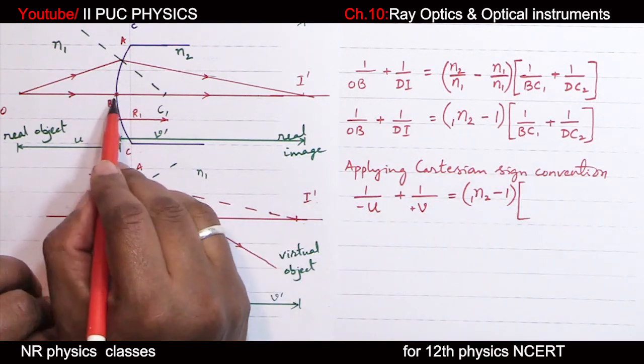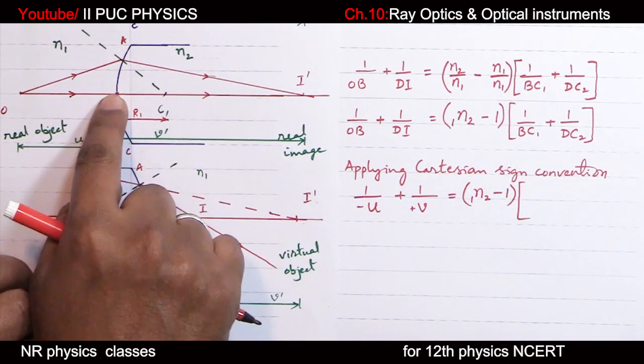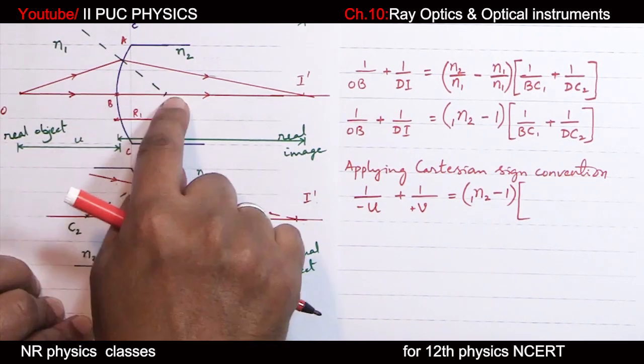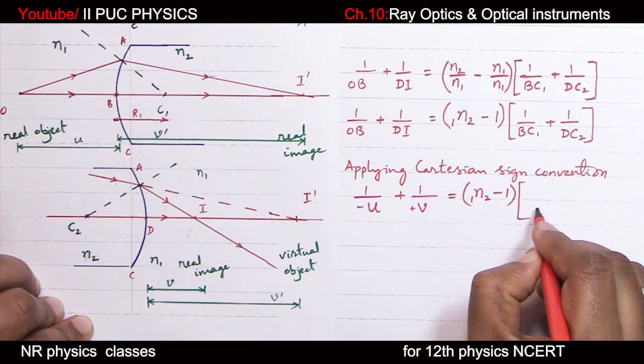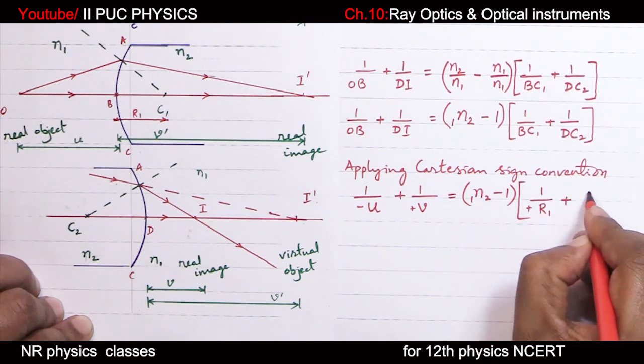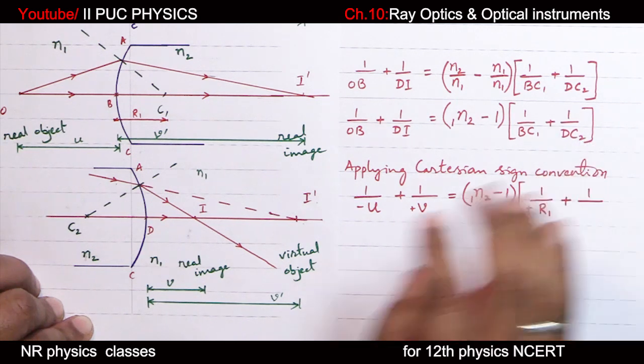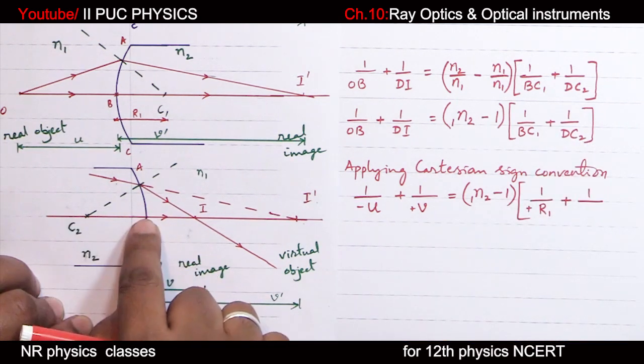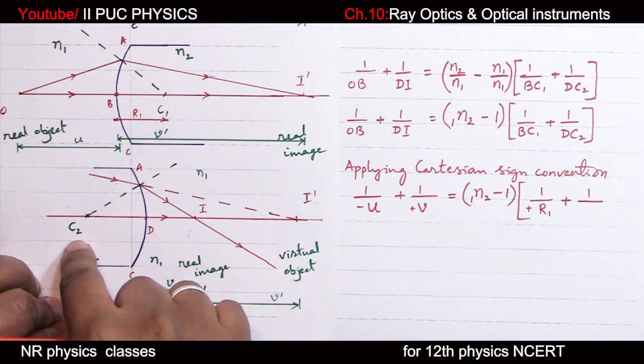BC1. With respect to this pole, this C1 is to the right. Right is taken with positive. Plus R1. Plus 1 by DC2. With respect to D, C2 is to the left.